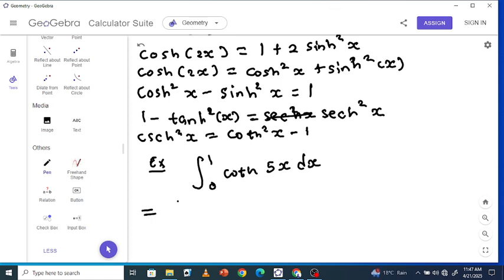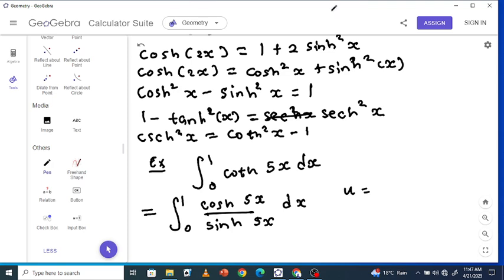The first thing is to change it into cosh 5x over sinh 5x dx. And remember that we have a formula that says if you integrate cosh ax, you get 1 over a sinh ax.